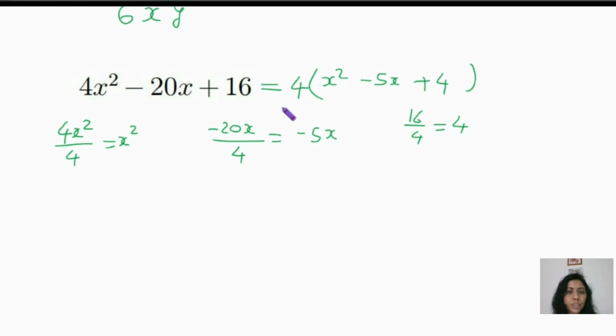And if you want to check whether your answer is correct or not, you can just use the distributive property. 4 multiplied with the parenthesis: first term 4x squared, yes. 4 times minus 5x, minus 20x, yes. 4 times 4, 16, yes. It means our answer is correct.